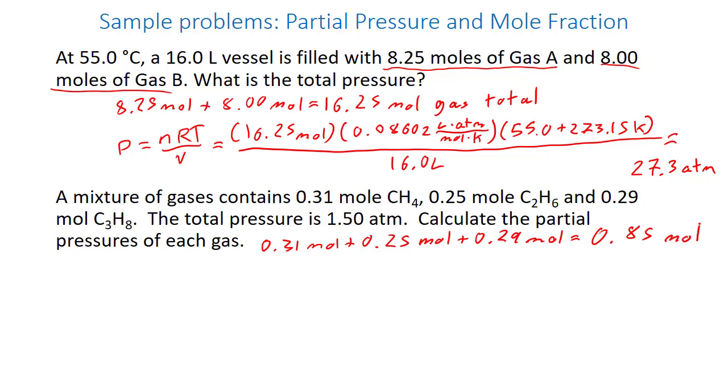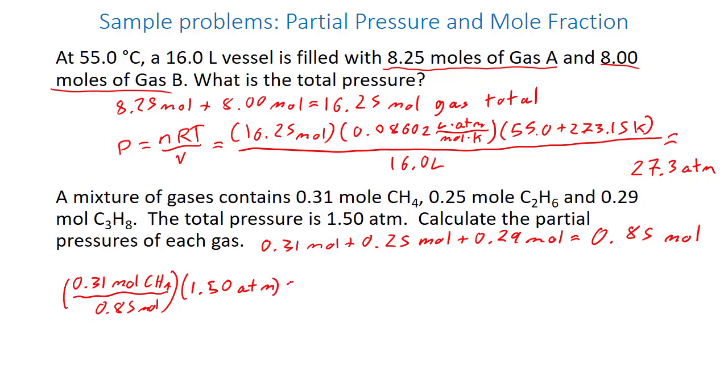And then for each species, we calculate 0.31 moles of CH4 over the total, 0.85 moles. Once we have the mole fraction, we need to multiply by the total pressure, because this is a fraction of the total pressure.